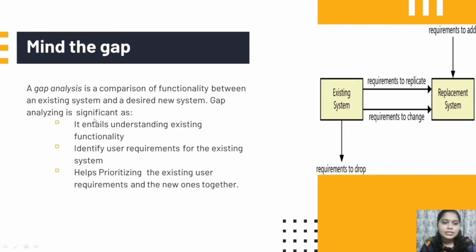Gap analysis is significant as it entails understanding of existing functionality, identifies user requirements for the existing system, and helps prioritize the existing user requirements and the new ones together. For enhancement projects, gap analysis gives us a better understanding of why the current system is not fulfilling the business objectives. For replacement projects, gap analysis helps us in discovering desired functionalities.